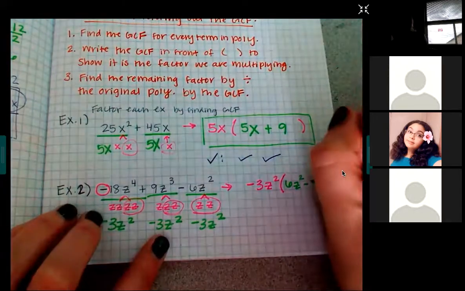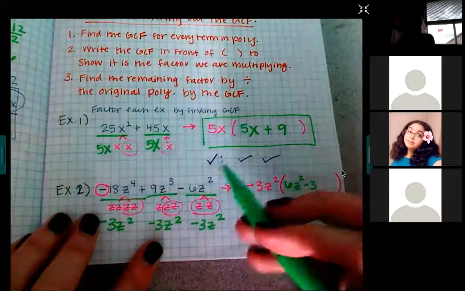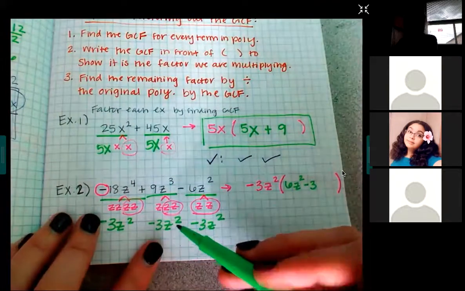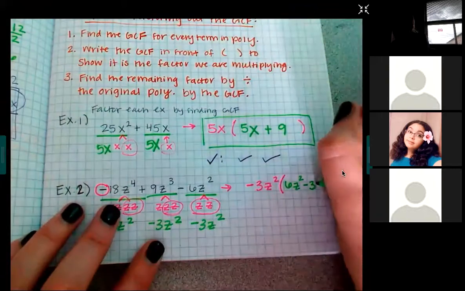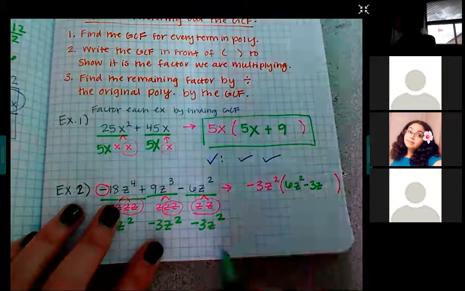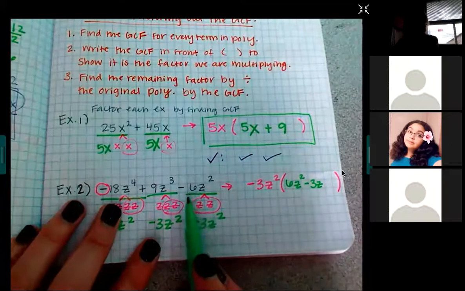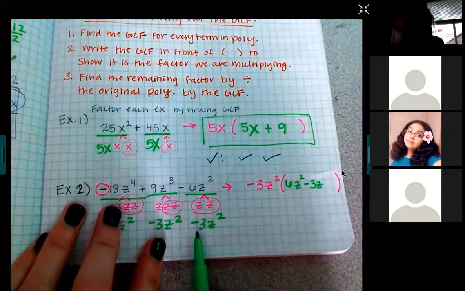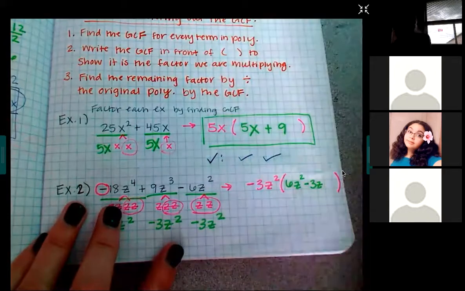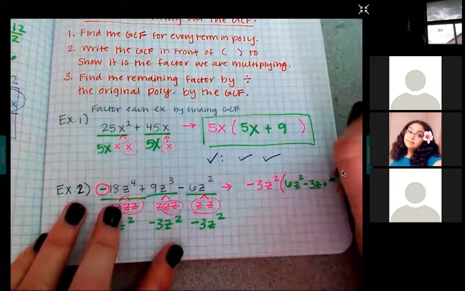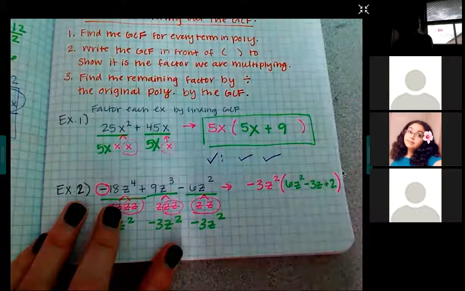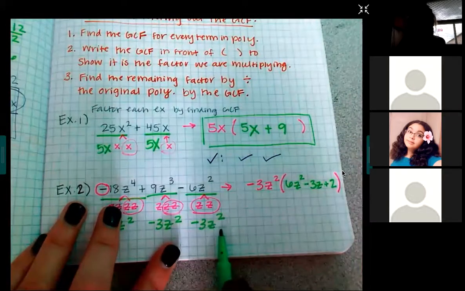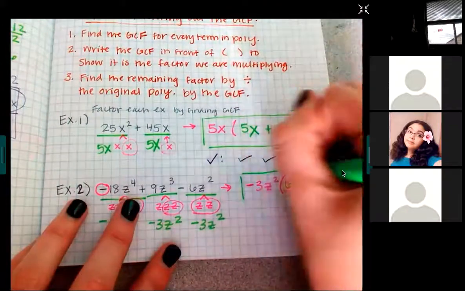Negative 3. Remember, we're dividing. I had 3 z's. How many did I take out? 2. So there's going to be how many left? 1. Very good. Kershawn, you like this? I told you, it's not bad. You just got to get used to it. Negative 6 divided by negative 3. Positive 2. And then I had 2 z's. What did I do with both of them? Took them out. So this should be our answer.